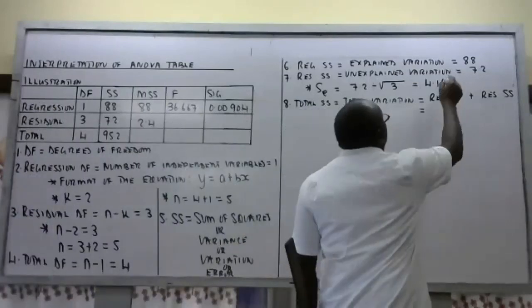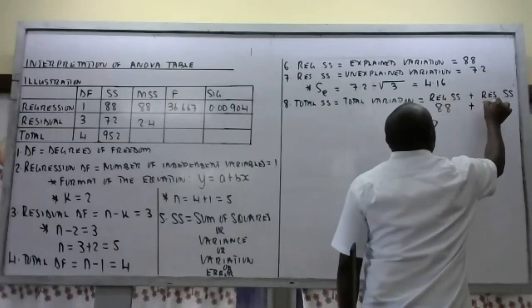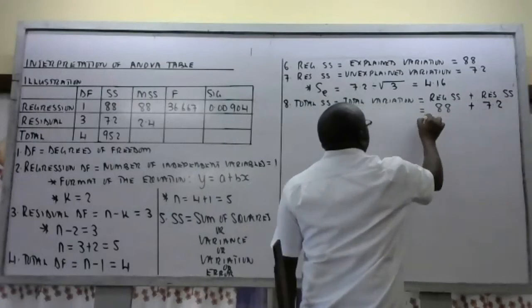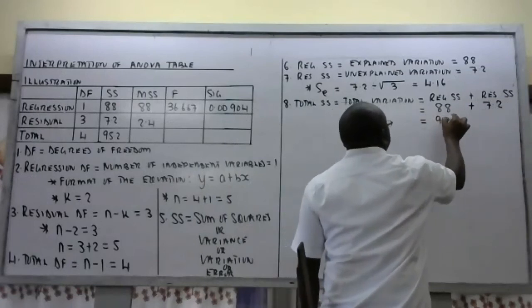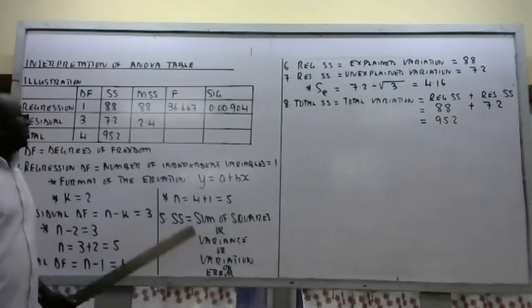So if you want to come back and you say this is 88 plus 7.2, that gives you 95.2. Which is this one, eh?